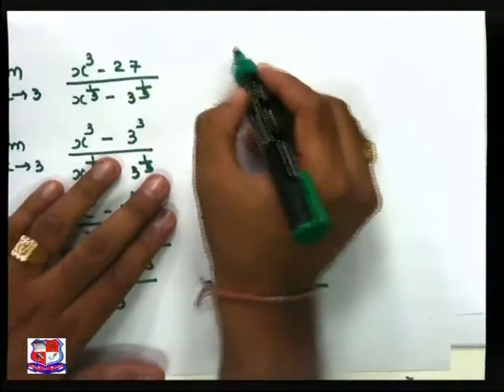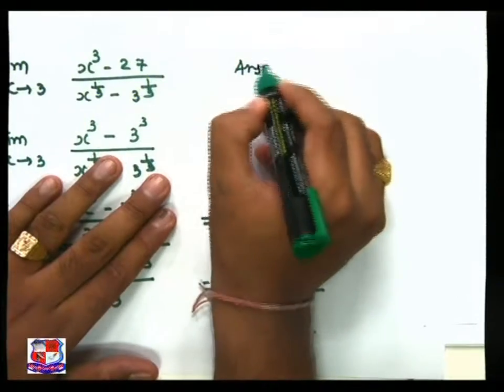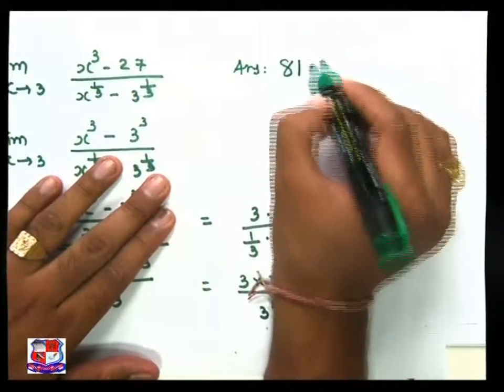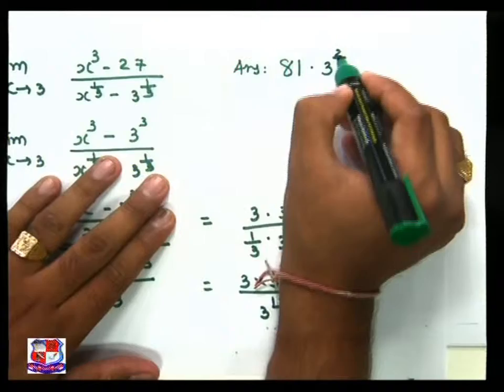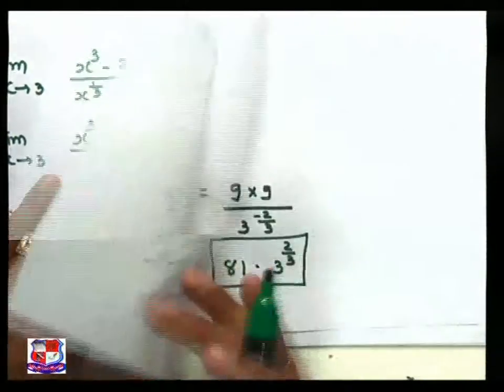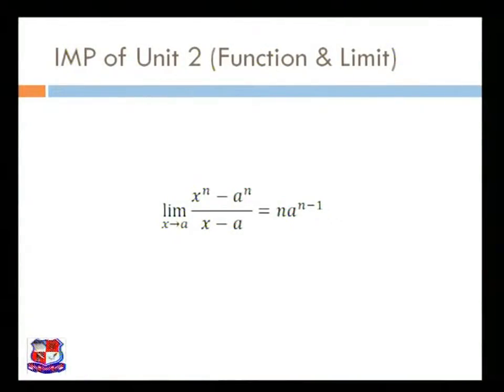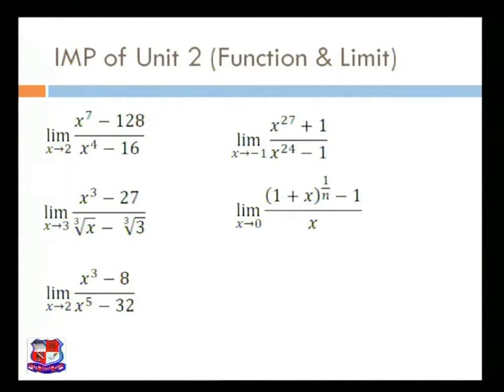We write the answer: 81 into 3 raised to 2 by 3. We move to our next question. Our next question is limit x tends to 0, (1 plus x) raised to 1 upon n minus 1, divided by x.